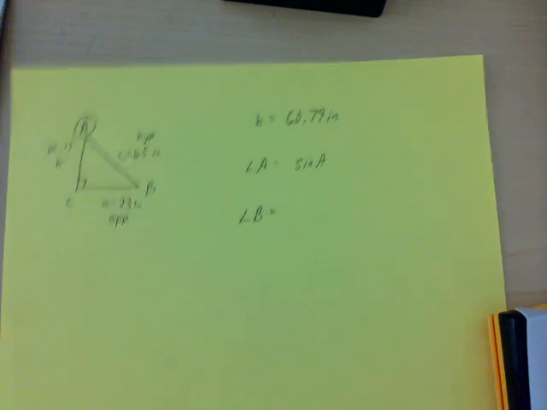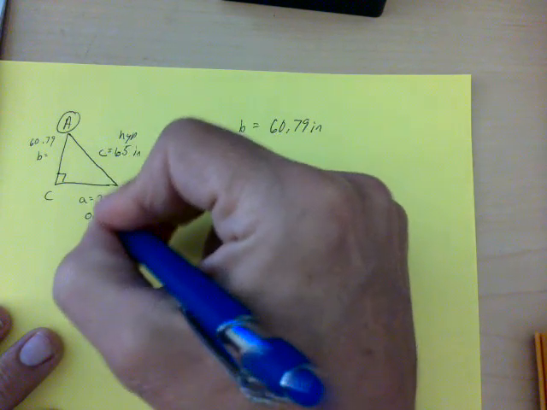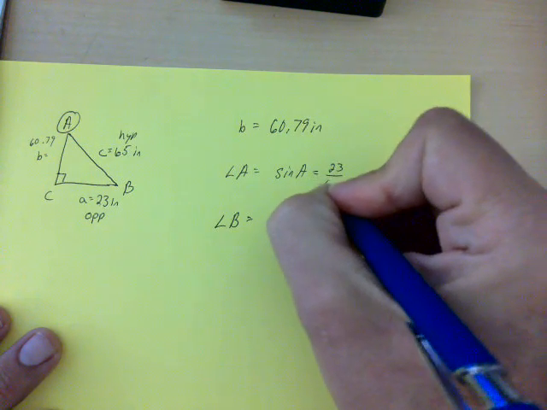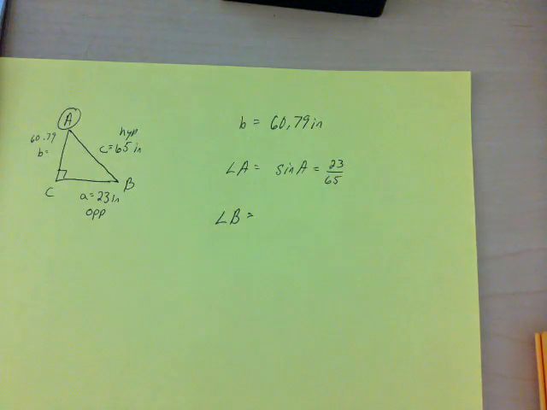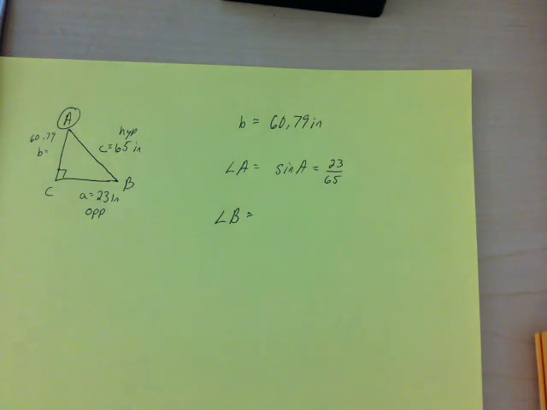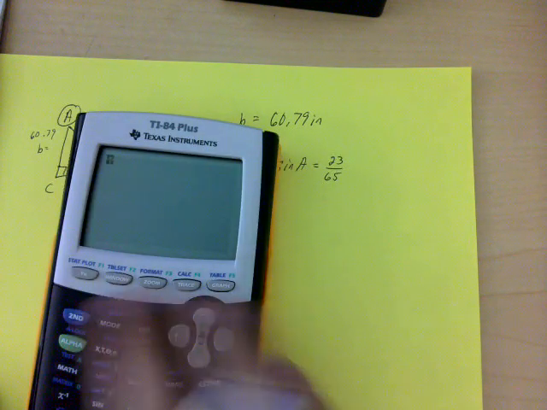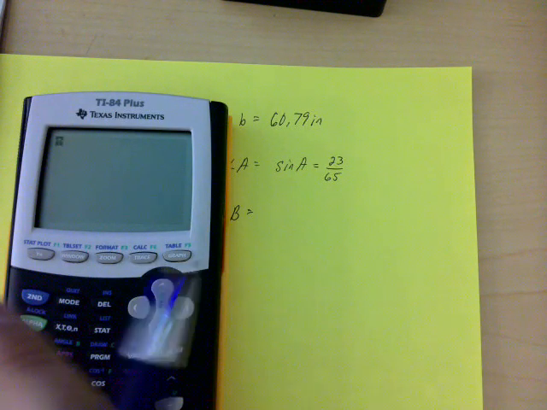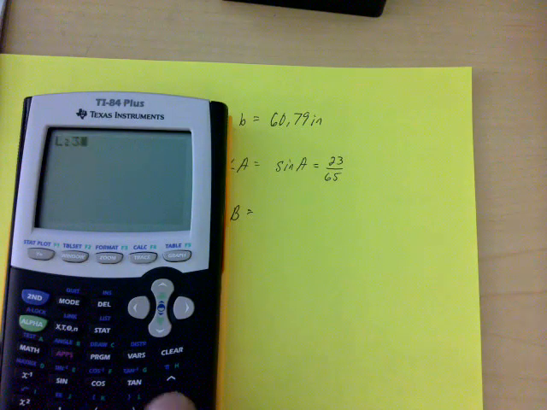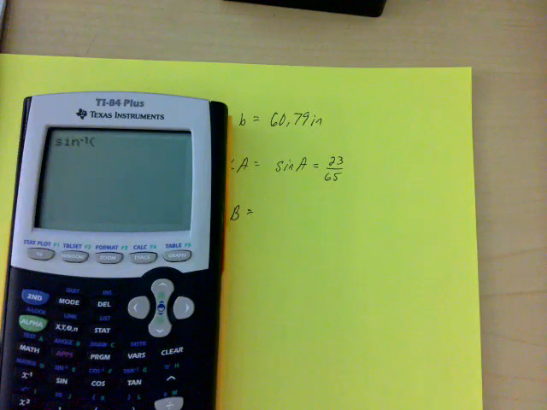Okay, so I'm going to take the sine of A, and that's going to be 23 over 65. We have to know that ratio. For the calculator to tell us this angle, it has to have a complete ratio, okay? At any time we're finding an angle, that's when we hit the blue button. Make sure you're in degree mode, and all you have to do is press second, type in the sine, and then type in your ratio.